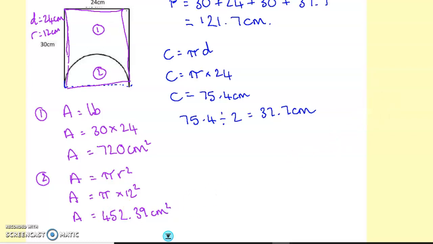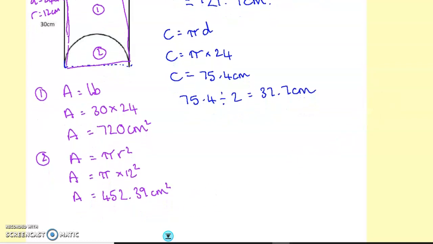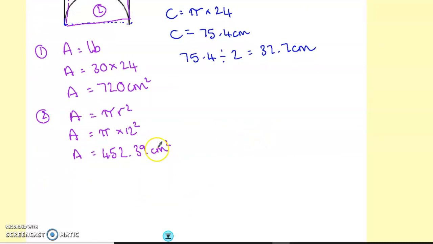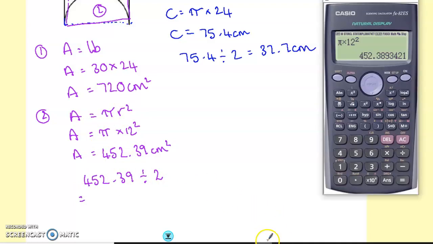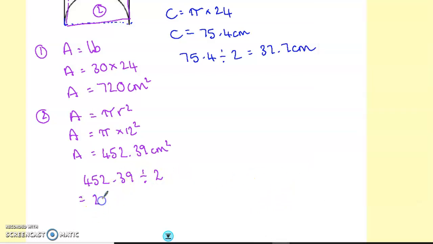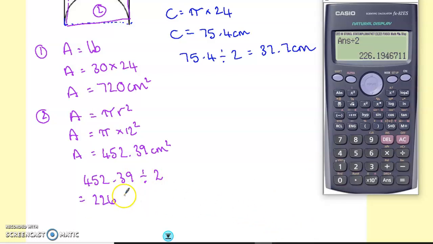Again, that is for a full circle. We don't have a full circle, we've only got half a circle, so I'm going to half it. Some people prefer to write this when they know they're doing a semicircle as a half pi r squared, so they don't forget to half it at the end. If you want to do that, that's absolutely fine, it's the same thing. That gives me, oh, I forgot to memorise that answer, 226.19.